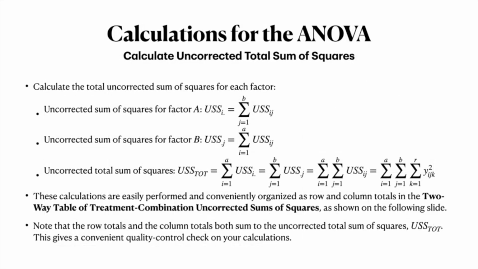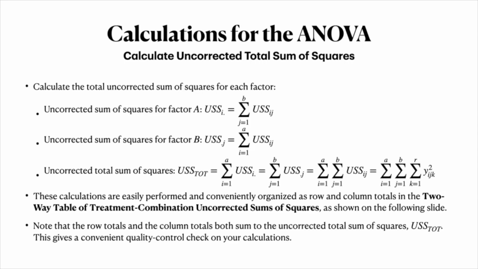All right, similar to that, we calculate the uncorrected total sum of squares. And so we calculate the uncorrected sum of squares for factor A, the USS I dots, and we obtain that for each level of I by summing up USS IJ from j going from 1 to b.